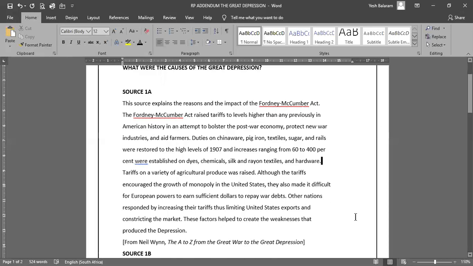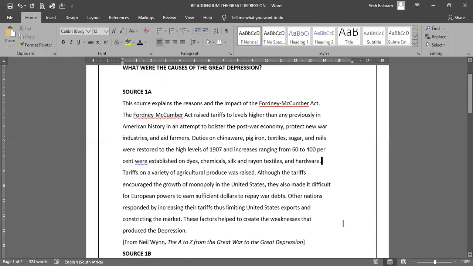Tariffs on a variety of agricultural produce were raised. Although the tariffs encouraged the growth of monopoly in the United States, they also made it difficult for European powers to earn sufficient dollars to repay war debts.